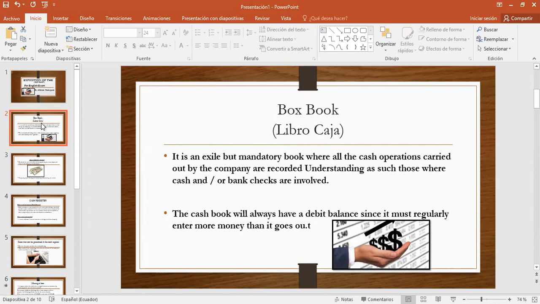The cash book will always have a debit balance since more money must regularly enter than go out.